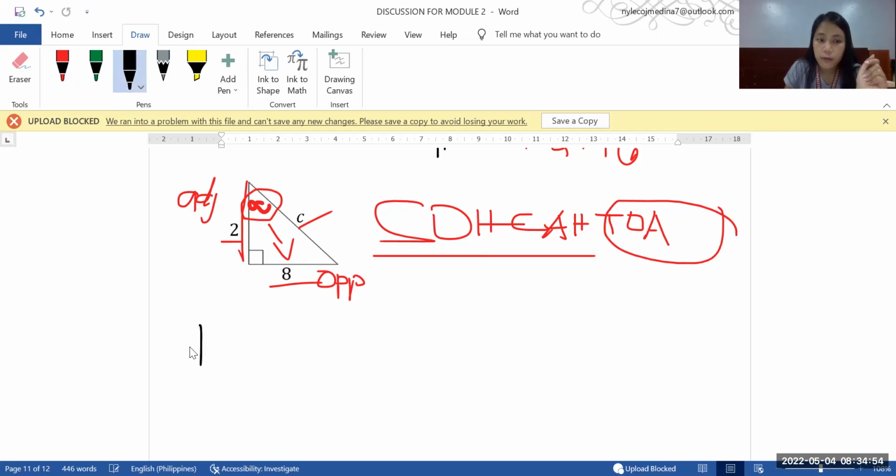Therefore, tan alpha is equal to your opposite over adjacent. Now, opposite over adjacent is just equal to 8 over 2, or 4.